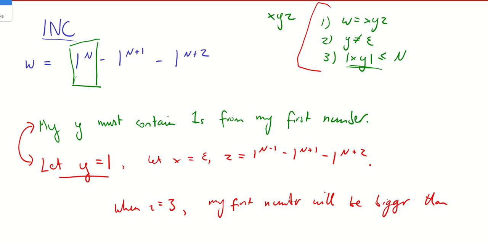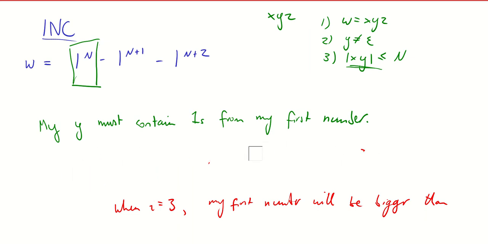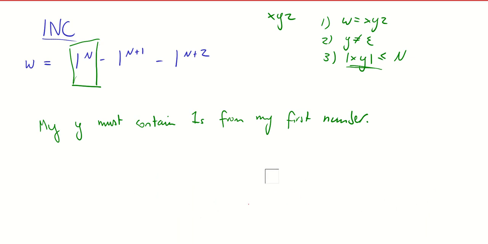Now let's get rid of this red. This red is unnecessary. And focus on the green, because the green is good. And looking at that green, we can actually see that we've covered all possible ways of breaking this word up into X, Y, and Z.